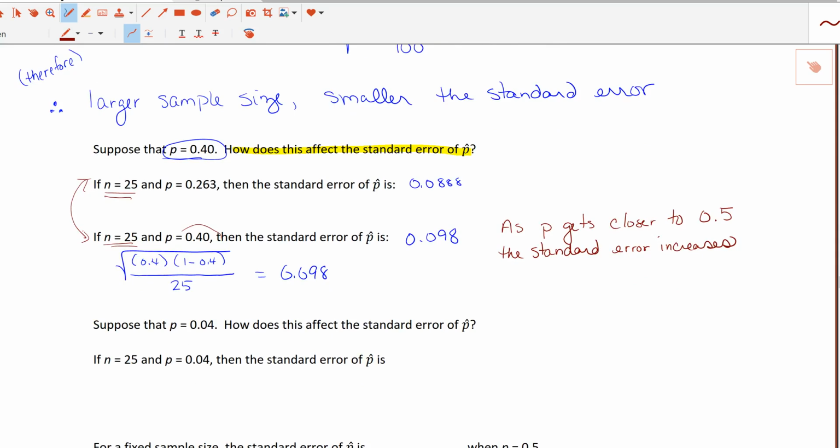Now let's pick a p-value that is really small and it's far away from 0.5. And let's calculate the standard error now. So this would be the square root of 0.04 times 1 minus 0.04, which is 0.96, all over 25. When we calculate that, we get a standard error of 0.039.